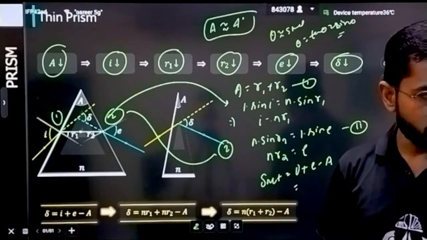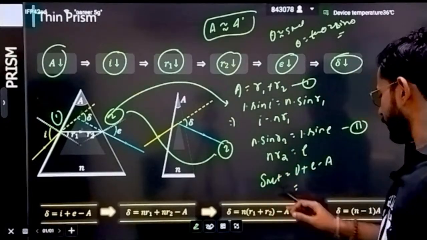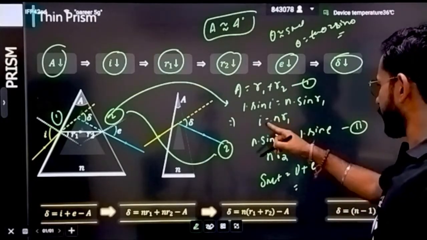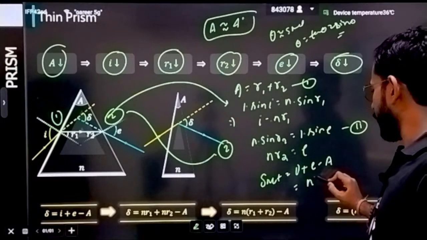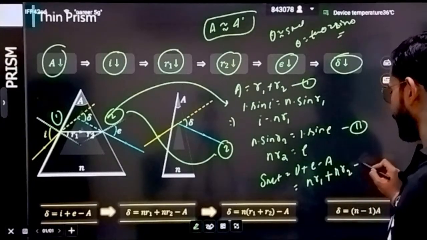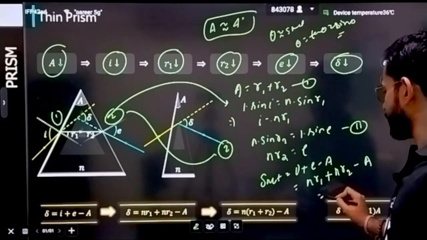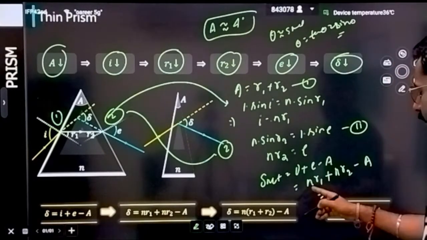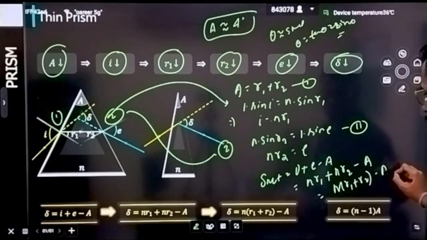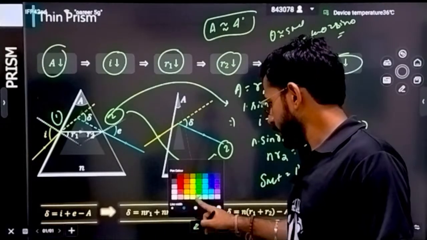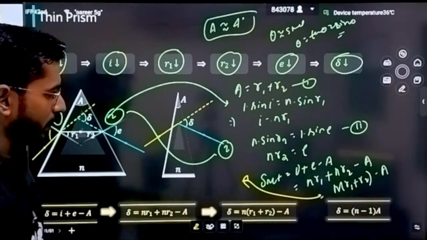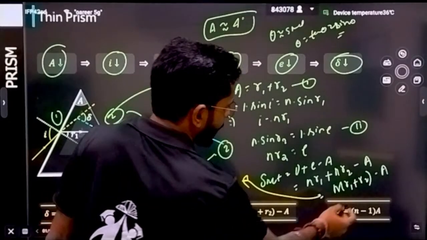But for a thin prism, what is the direct formula that you have to remember? Basically, for this one single important formula, I am deriving all these things. From the first equation you can write: nR1 plus E can be written as nR2 minus A, equal to, taking n common, n(R1 plus R2) minus A. Now what is R1 plus R2?